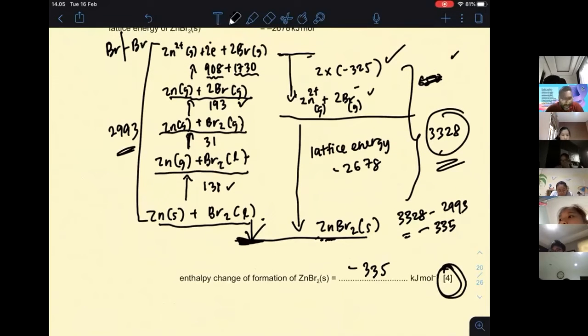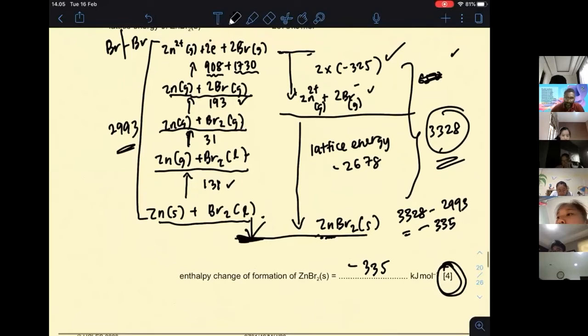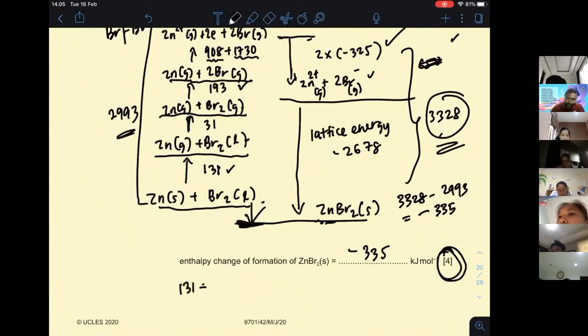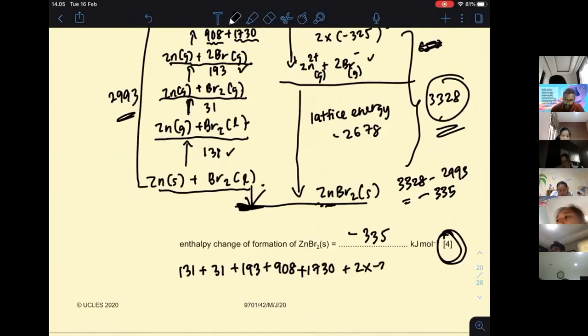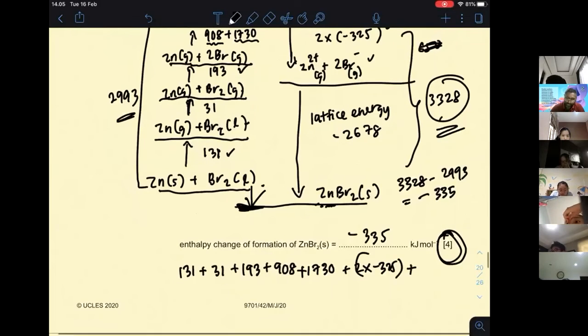So I will strongly suggest to write down 131 plus 31 plus 193 plus 908 plus 1730. All these are clockwise. So plus 2 times negative 325, plus all these clockwise.